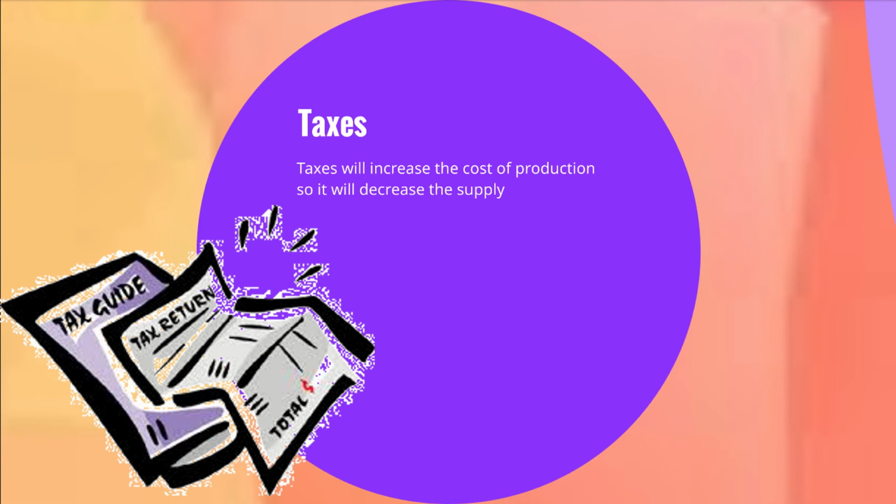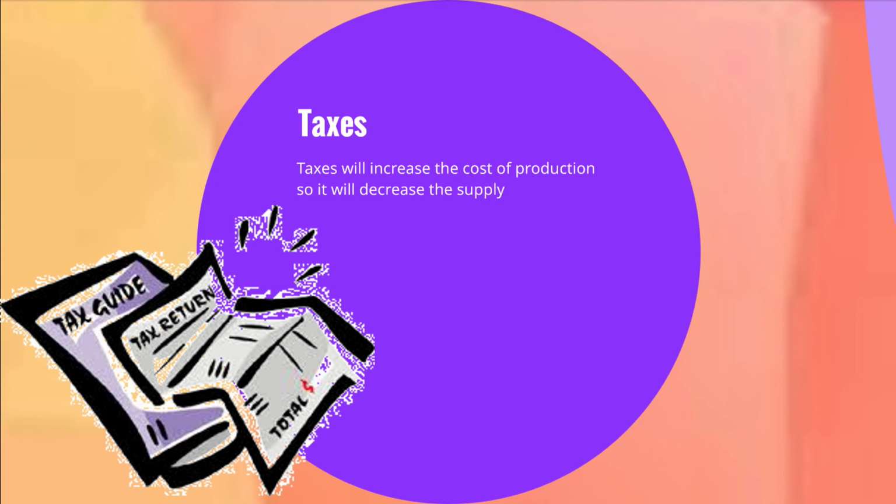Sales tax, you pay money to the government for your total sales. Inheritance tax: if someone dies and leaves some property or money in the will and it is given to you, then the government will tax you for that also.